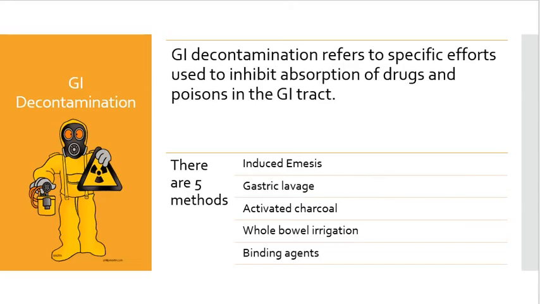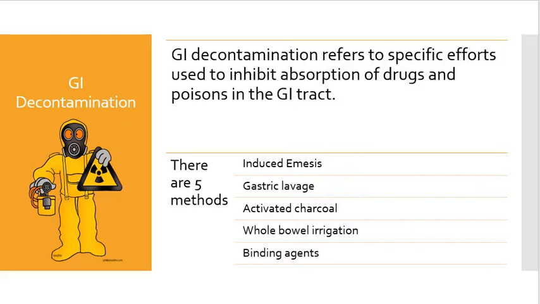We'll start by talking about GI decontamination. This refers to specific efforts used to inhibit absorption of drugs and poisons in the GI tract. There are 5 methods of GI decontamination, and they include induced emesis, gastric lavage, activated charcoal, whole bowel irrigation, and binding agents.